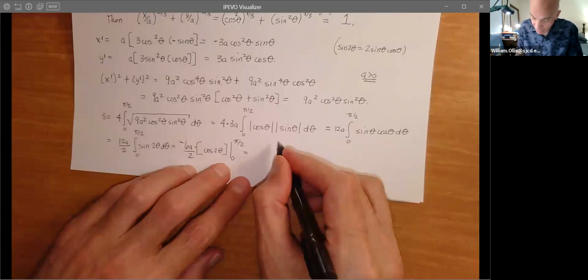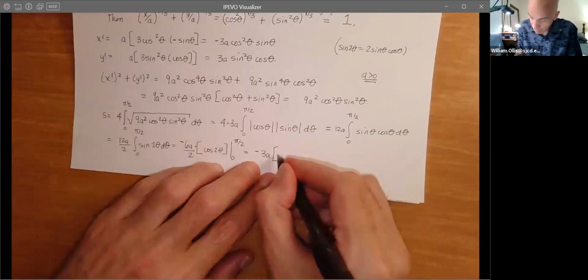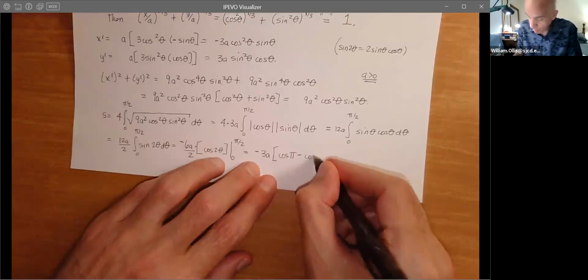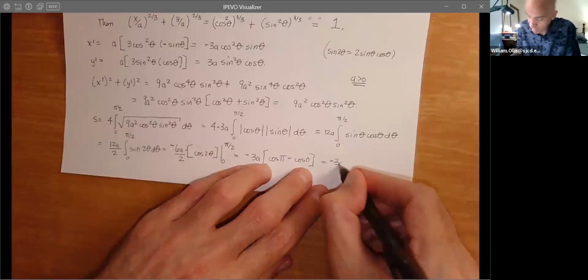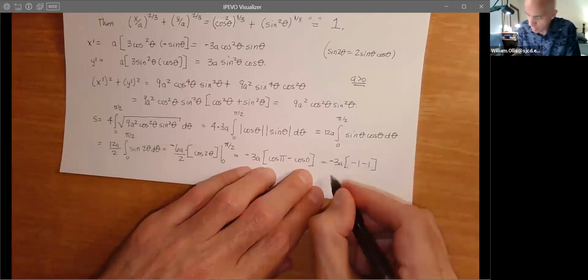So that's a negative 3a times cosine of pi minus cosine of 0. And of course, that's just a -1 minus a 1. So that's a negative 2. Good, it does work, 6a.